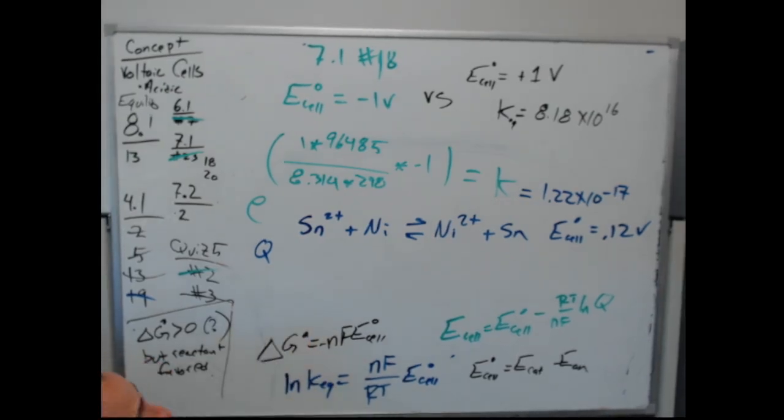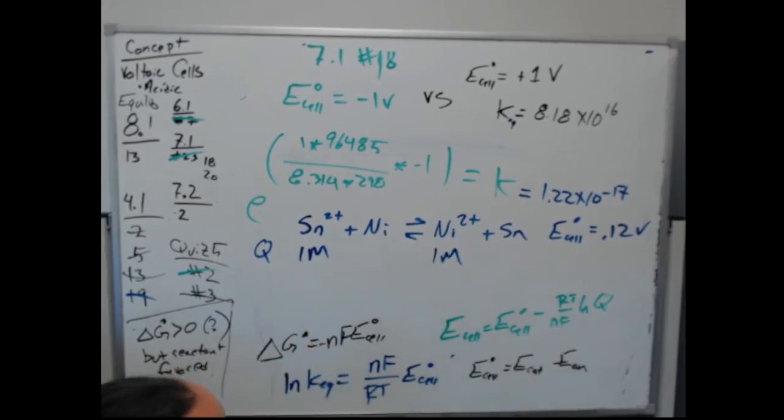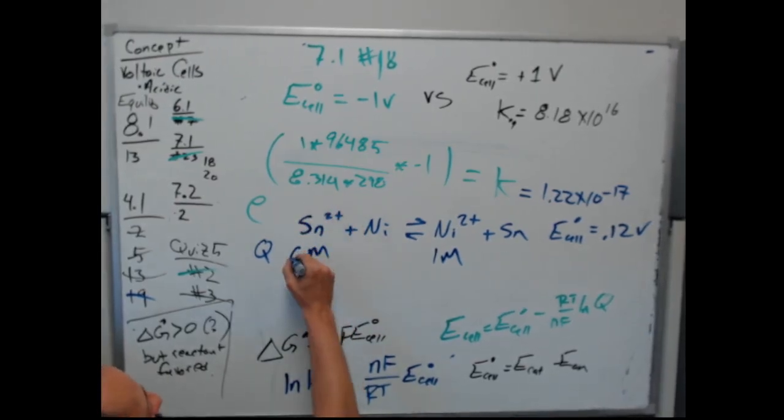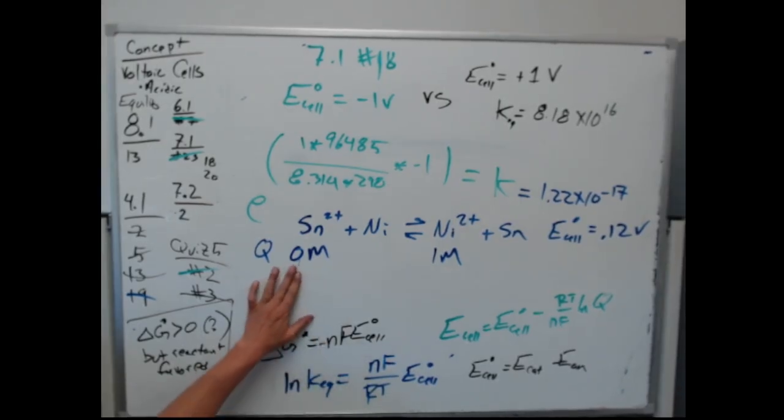Right? And if I set this up where I'm like 1 molarity, then that's going to be my cell potential. Right? But if I set it up so it's 0 molarity, 1 molarity. That's actually the problem that I asked for number 8.1 is array of different molarities. Okay, we can look at that, but I'm doing a kind of extreme version.